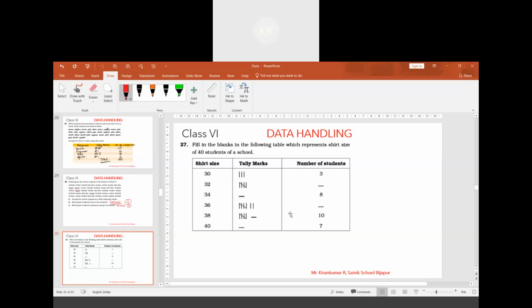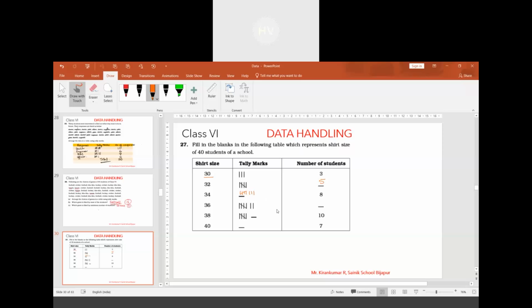Here we need to fill in the blank with the appropriate thing in the following. Here 3 is mentioned as a shirt size, so 3 students are there. Likewise, here it has to be 5 because 4 vertical lines and 1 slant line. To represent 8, first we represent 5 plus 3.